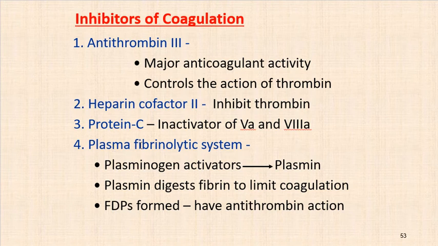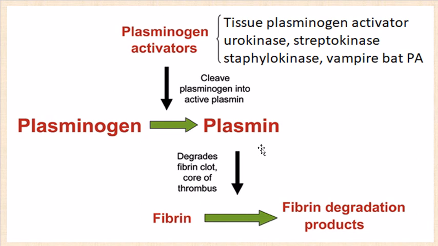In the plasma fibrinolytic system, there are plasminogen activators which activate plasminogen, and plasmin is formed. Among the plasminogen activators are tissue plasminogen activator, urokinase, streptokinase, staphylokinase, vampire bat plasminogen activator, and some others.